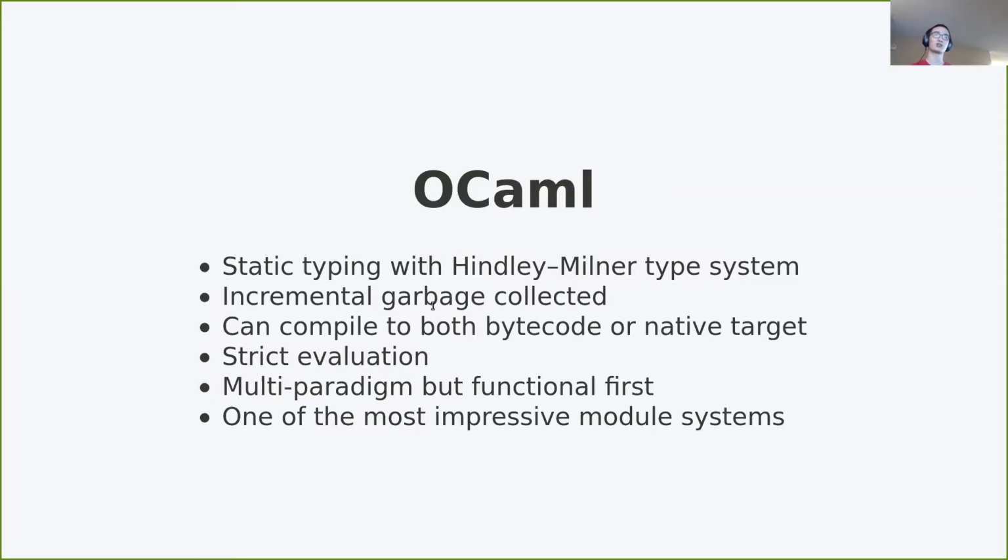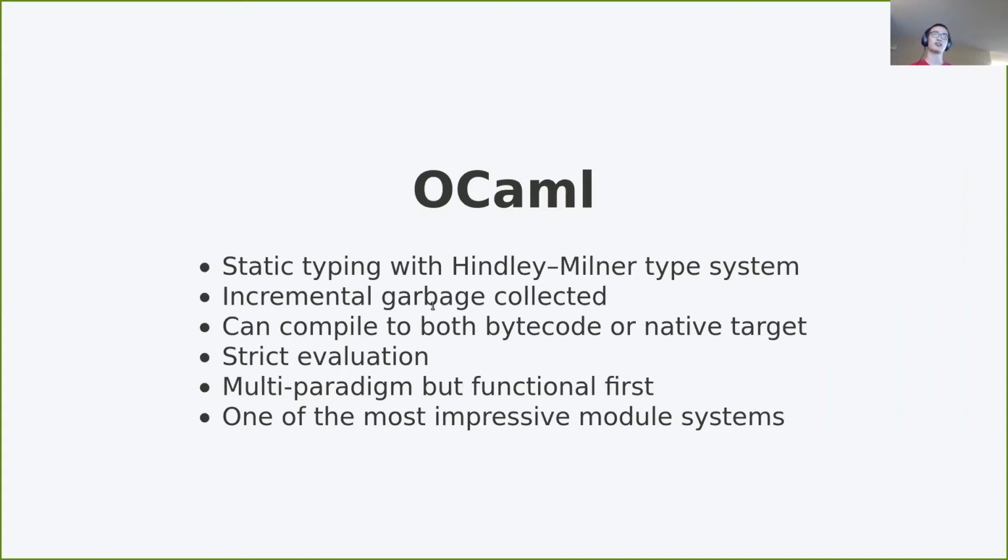OCaml is also garbage collected, just like most of the programming languages nowadays, but not C++. It can compile to both bytecode and native target. Bytecode is kind of easier to use, but obviously slower, and native is just like C++. It is strictly evaluated like most programming languages.